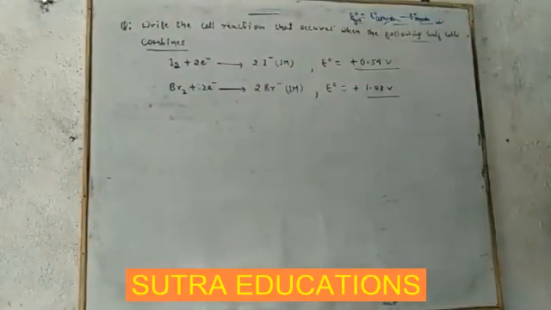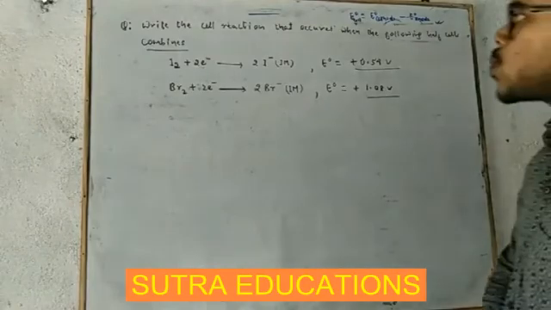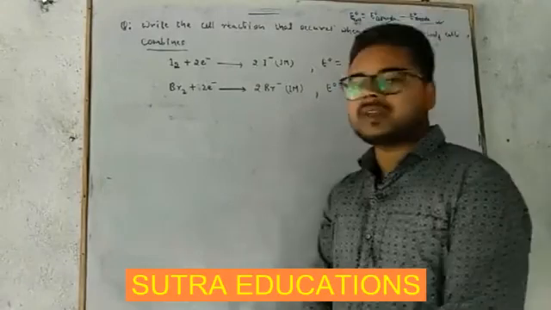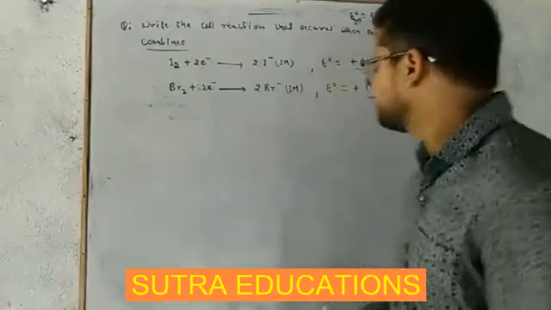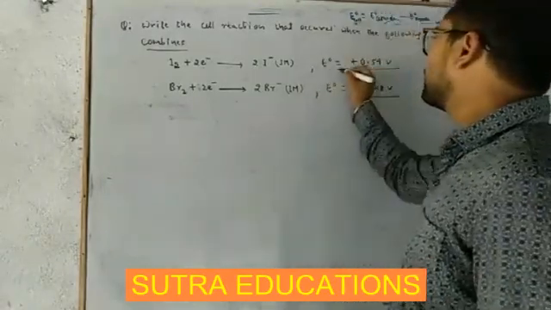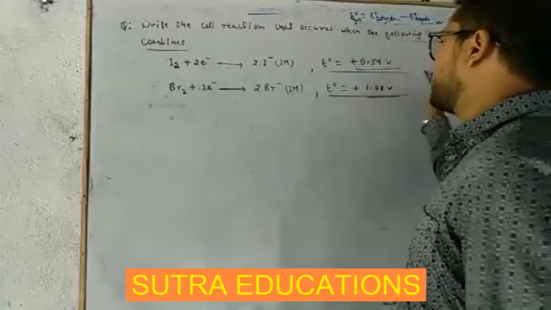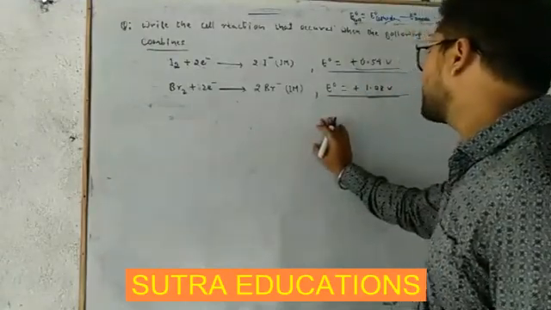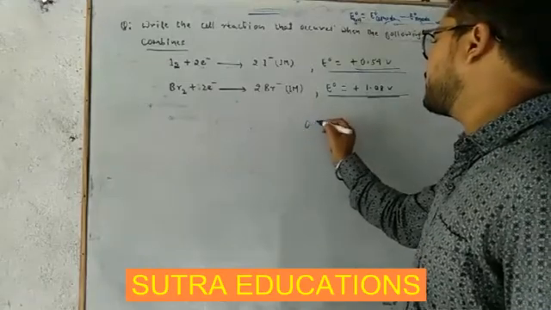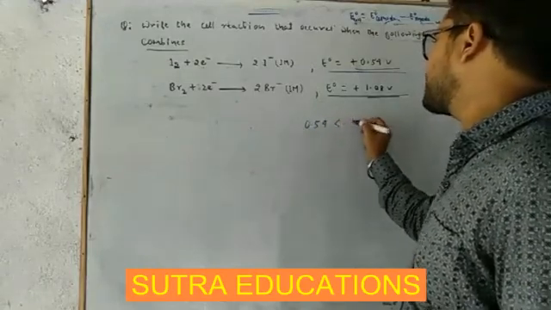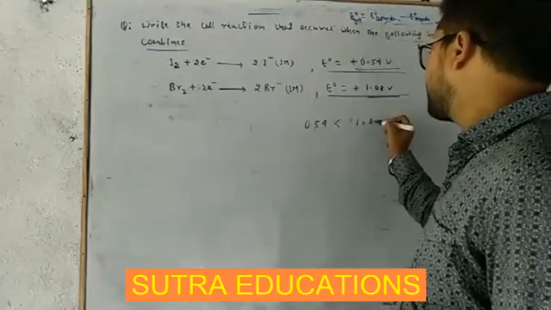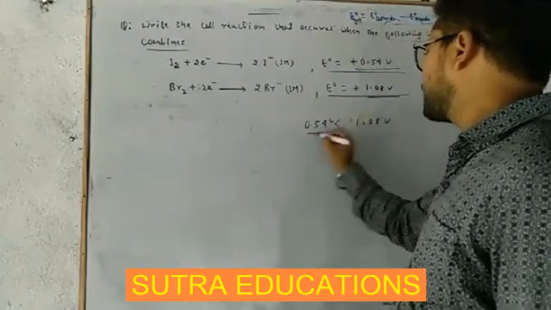Okay, so how to write the cell reaction? Both are looking the same now. So we will see the reduction potential value of these two. Clearly you can see now 0.54 is less than 1.08, isn't it?